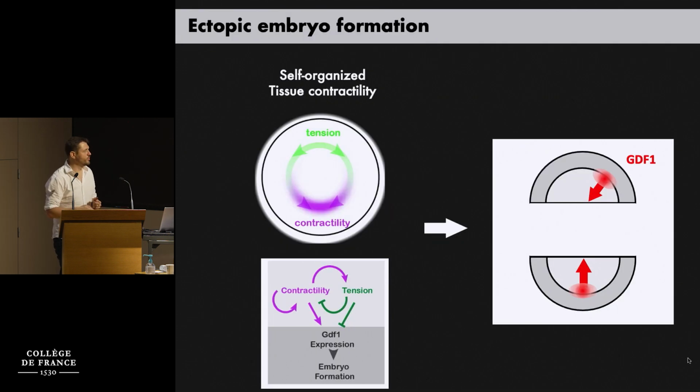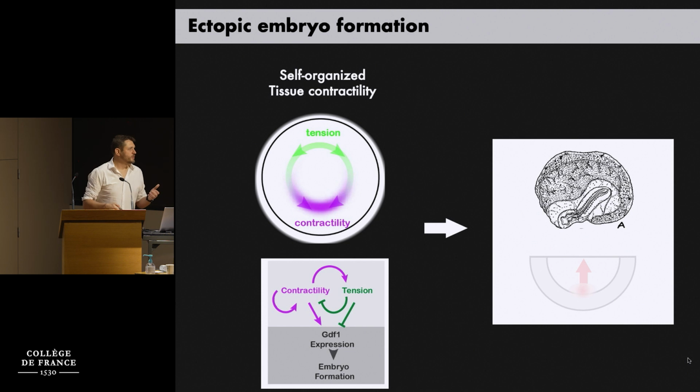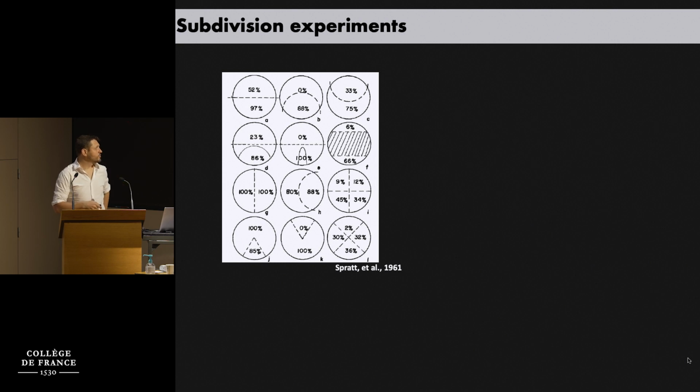Now, does this model, which explains a single embryo, explain how we get ectopic expression of GDF1? That's what we decided to test, because then you get GDF1 and the embryo completely developed afterwards. I just want to talk briefly about the statistics of this experiment, because this is very interesting.